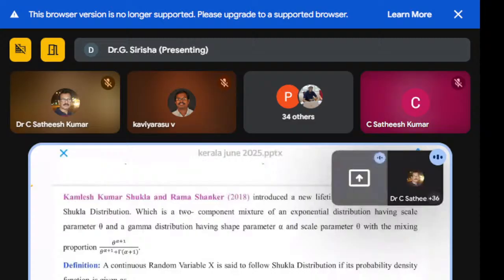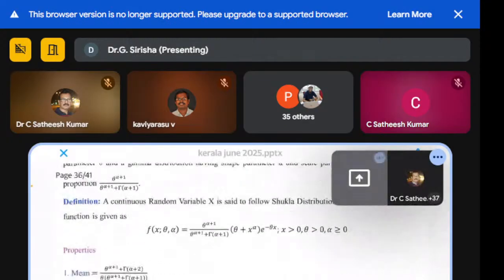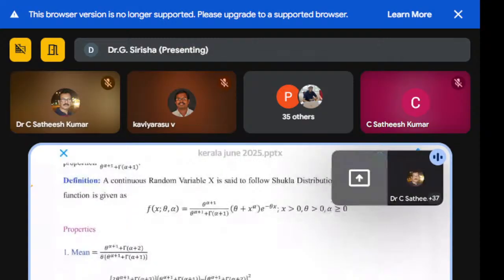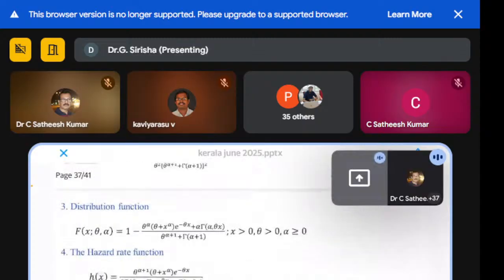So they didn't fix the value, they have used variable alpha. And proportions have been taken to be theta power alpha plus 1 by theta power alpha plus 1 plus gamma of alpha plus 1. They have obtained this density function for Shukla distribution. Mean, variance, and all the remaining properties have been derived for this new distribution.